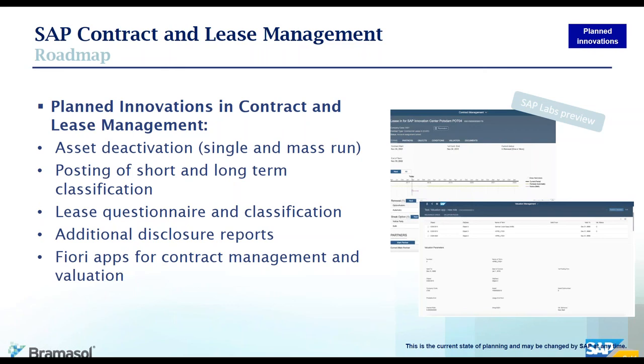You go through your questionnaire to determine whether or not it's a finance lease or capital lease. So what we intend to deliver is a questionnaire that goes in the valuation tab. You click a button and it brings up a configurable list of questions. So you as the customer can put in there what questions you want to ask.